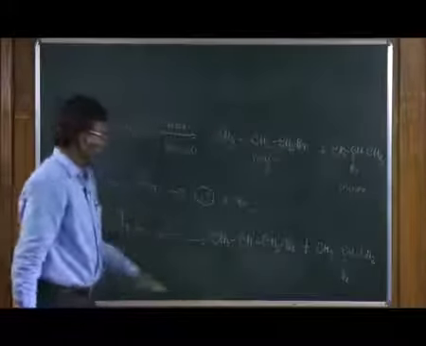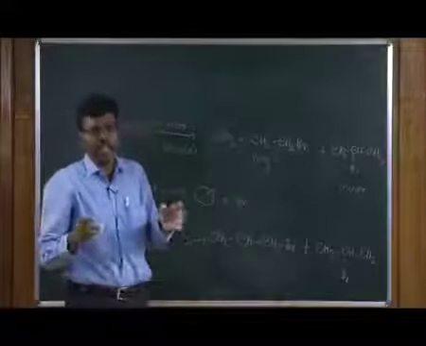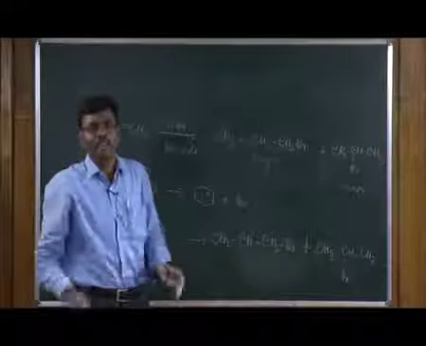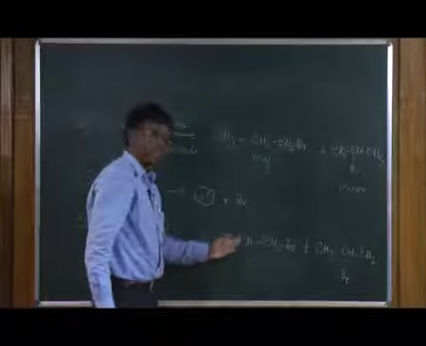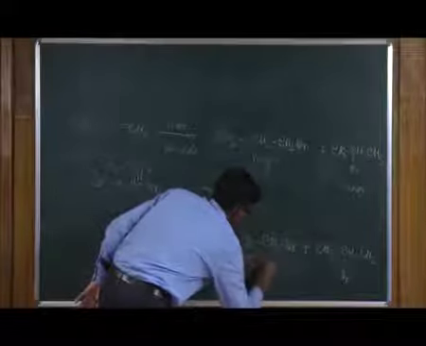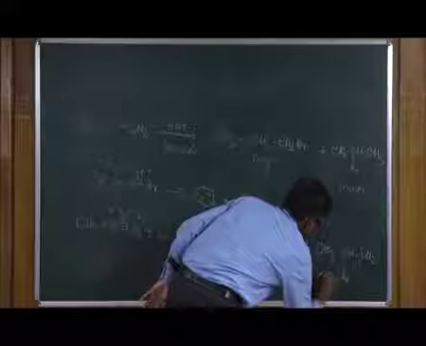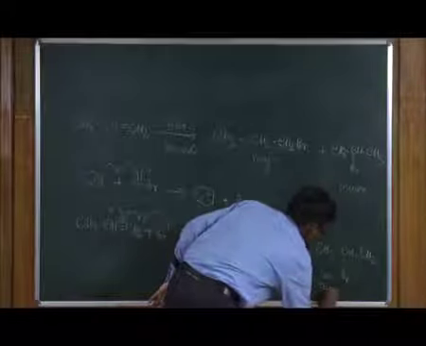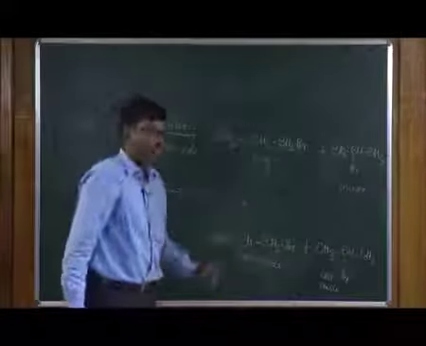If you look at these two radicals, just as we have seen, the secondary carbocation is more stable compared to the primary carbocation because it can be stabilized by hyperconjugation. The same thing applies here also. This secondary radical is more stable compared to the primary one, so the formation of this radical will be greater than that.